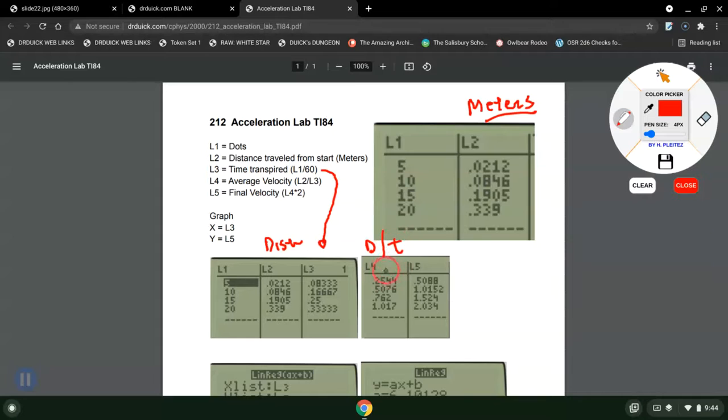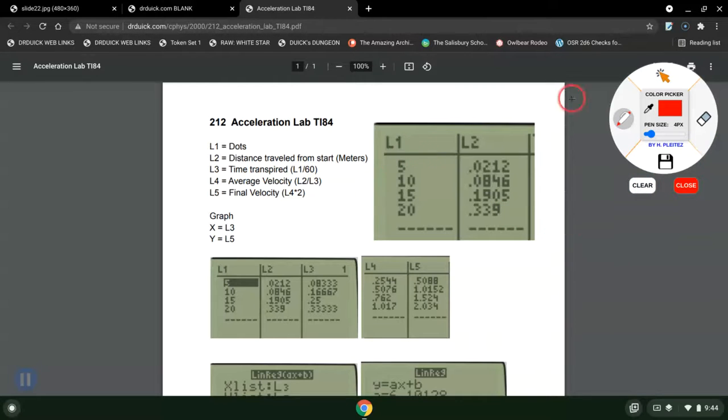Very easy. And that's going to give us what? Meters per second, or velocity. And we know that we can't use this just yet because it's the average velocity. This is V average. To get final velocity, VF, is going to be equal to 2 times your velocity average. And that's where we get this, L4 times 2. Okay? So it's kind of straightforward at this point.